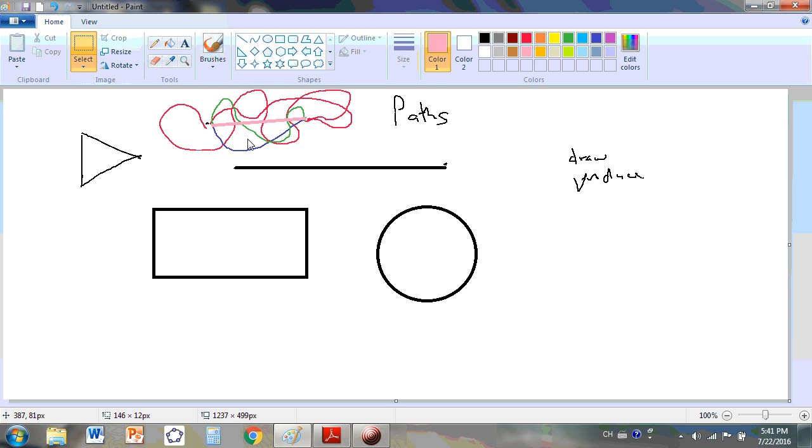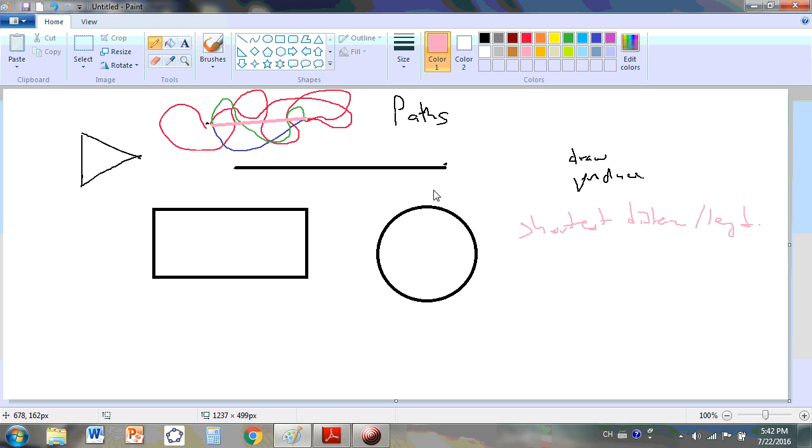Okay, so this path here is called a straight line because it is the shortest. It is the shortest distance or length. Right? Does that make sense?